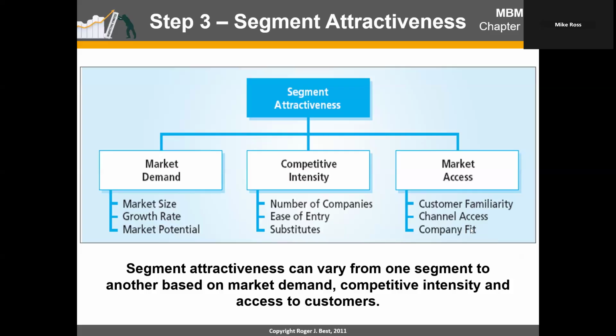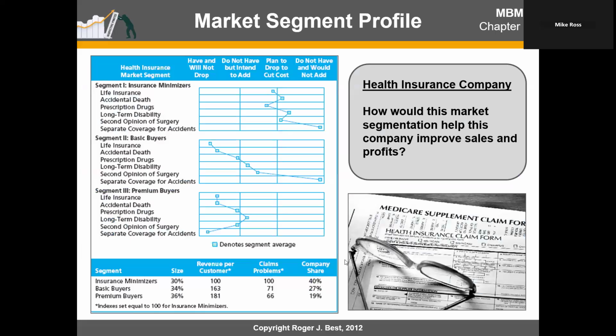You might hear about these Viking river cruises in Europe, where if I'm going to spend again 10 or $15,000 on a cruise, I want to know, okay, what's the brand? Viking versus Joe's Ship Company. That's going to be a determining factor in how attractive a particular segment would be.